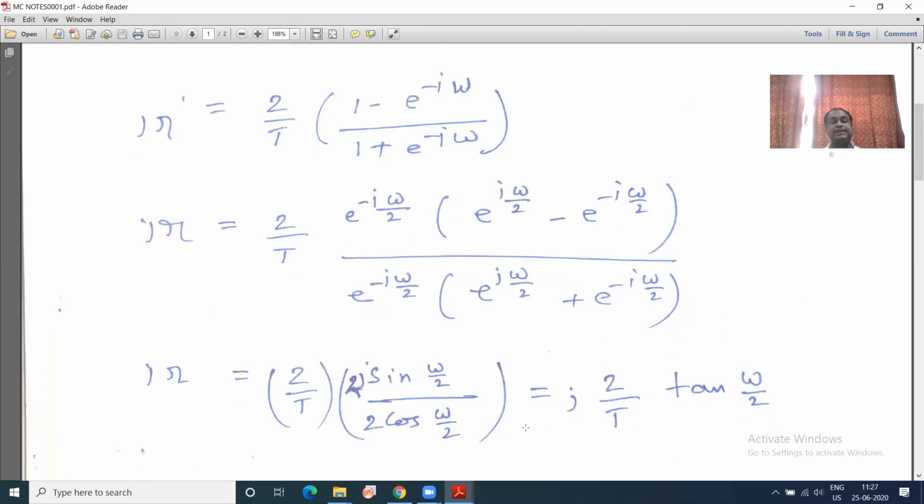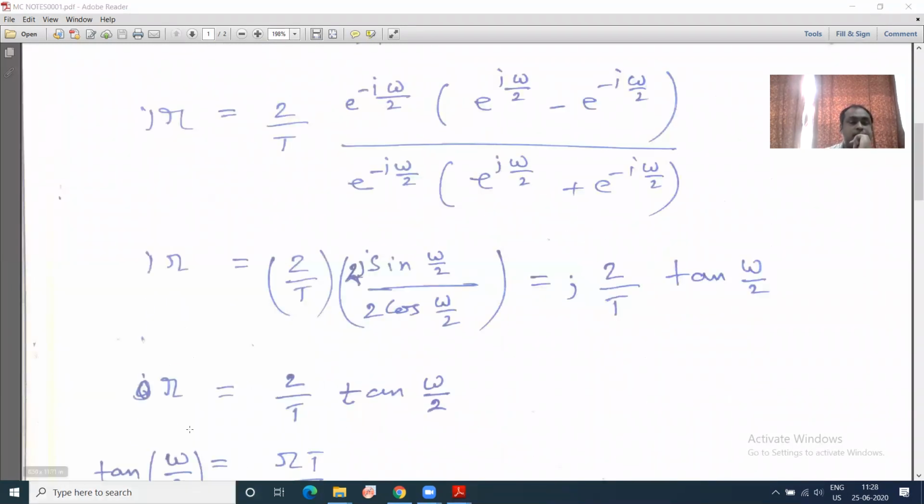This is equal to j times 2 by T tan omega by 2. Is it all right? Yes, sir. Very good. Therefore, if I now equate the imaginary part, what will I get? Capital omega is equal to 2 by T tan of omega by 2.